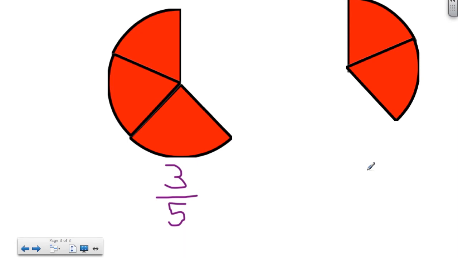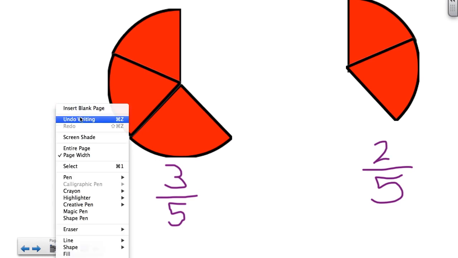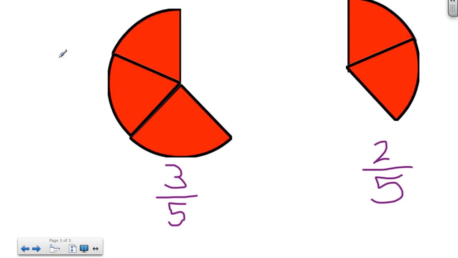And over here, this one here is 2/5. So if you add the numerators together, you would get 5/5, which would be 1 whole when you bring them both back together. Hope that's made the basics of fractions a little bit clearer to you.